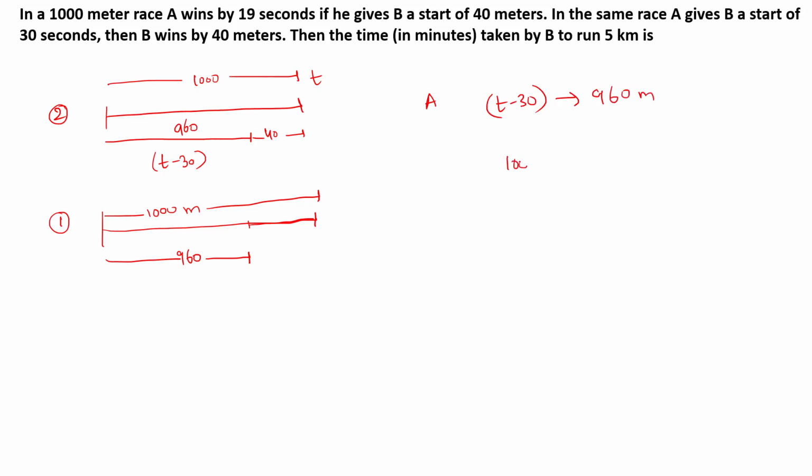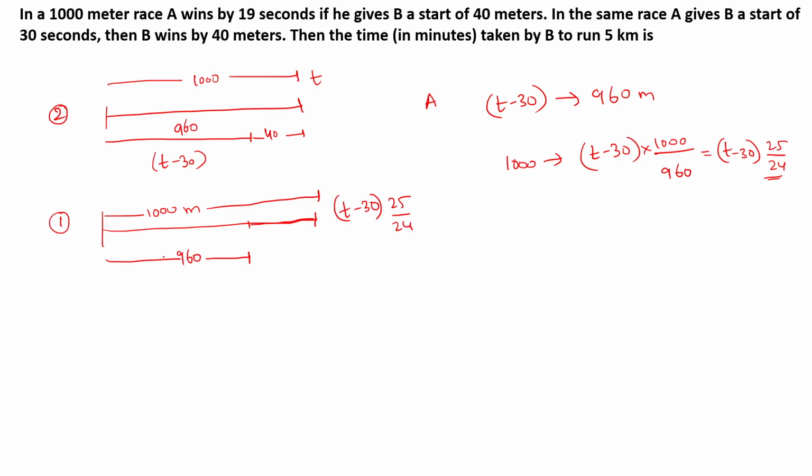So for 1000 meters, he will take t minus 30 into 1000 by 960. This is based on the things we have discussed in the previous slide. So t minus 30 into 25 by 24. This is the time taken by A to complete 1000 meters.